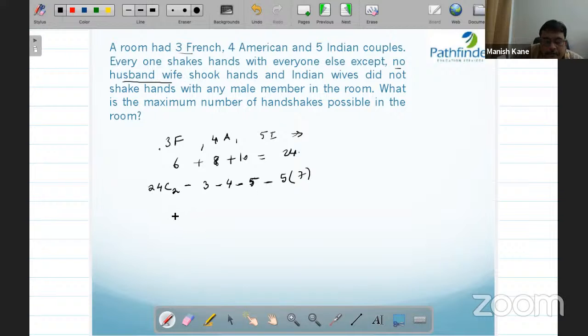So 24C2, 12 into 23, is 276, minus 12, minus 35. So minus 47. Have you understood this? So 276 minus 47 is 229. So total number of handshakes are 229.